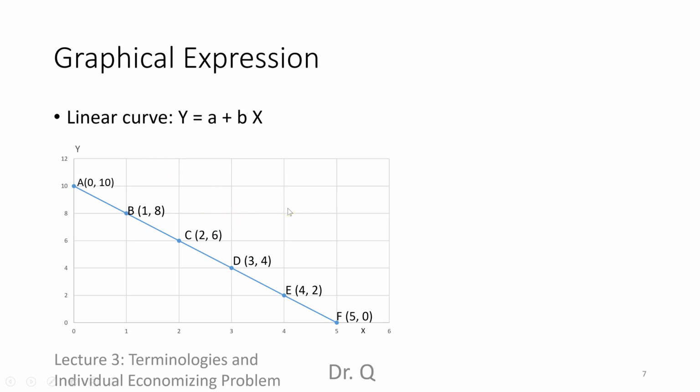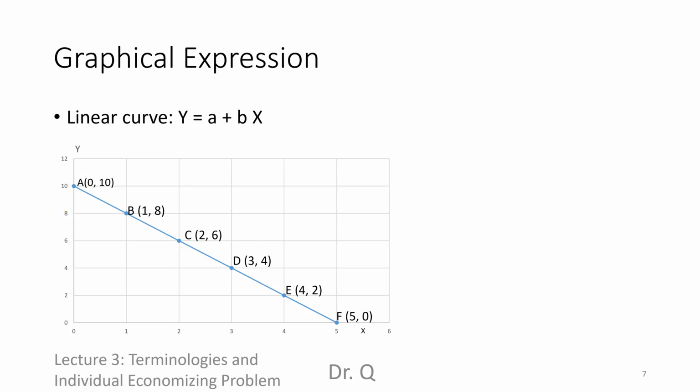And any point on the two-dimensional axis set represents a pair of information. In the parentheses, the first number is the corresponding x value. The second number is the y value.